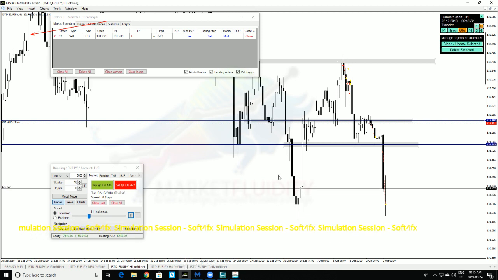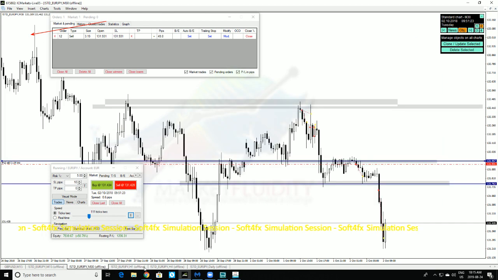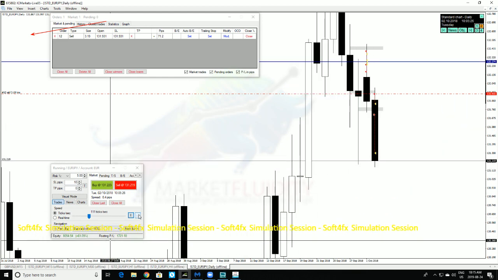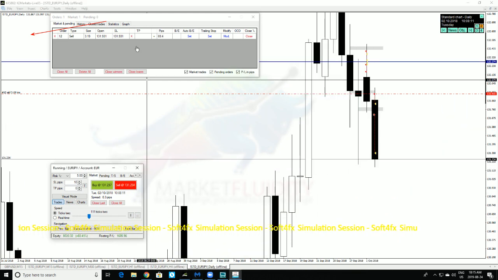Close half position. No, I think it's okay. I think it's fine because we're sleeping right now. London Open is here and the daily wick has been filled. Nice 70 pip trade.